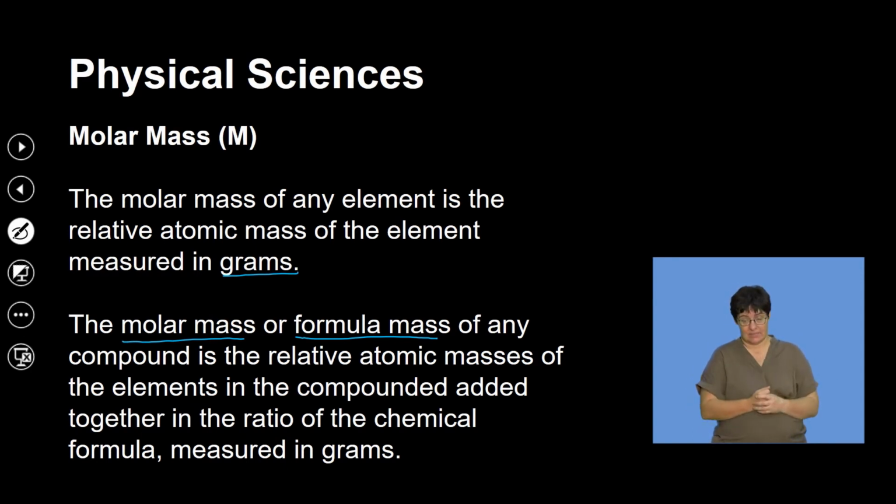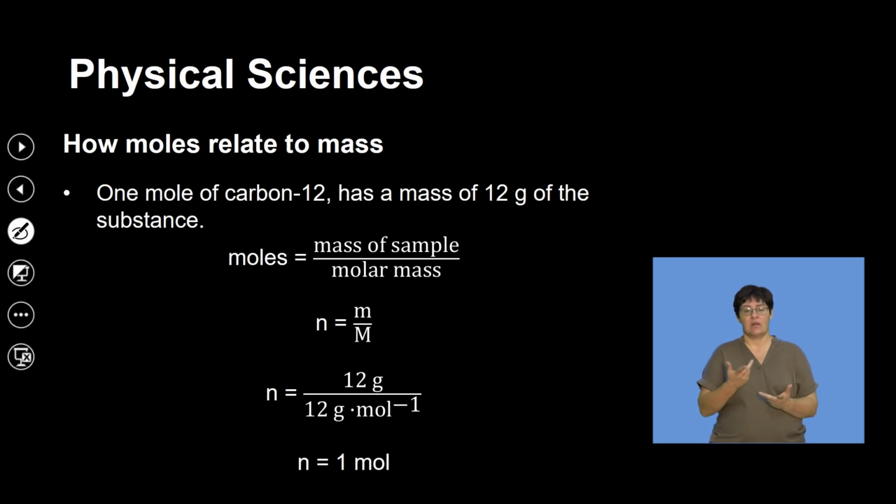Now, how do moles relate to mass? We've spoken about these quantities one at a time, but how exactly do they come together? A mole of carbon-12 has a mass of 12 grams. If we calculate the moles, n stands for moles, and small m stands for the mass of the sample of substance.